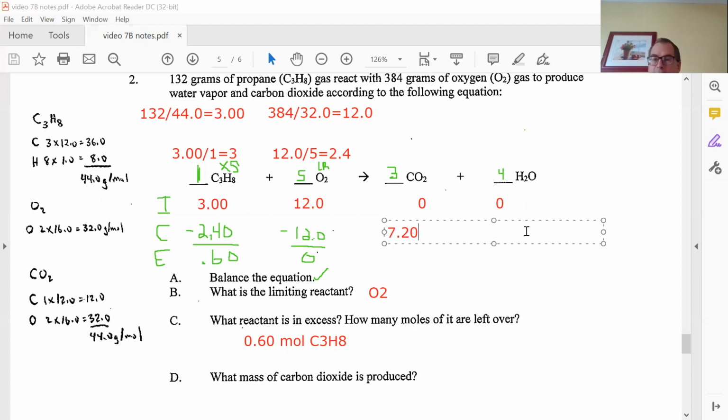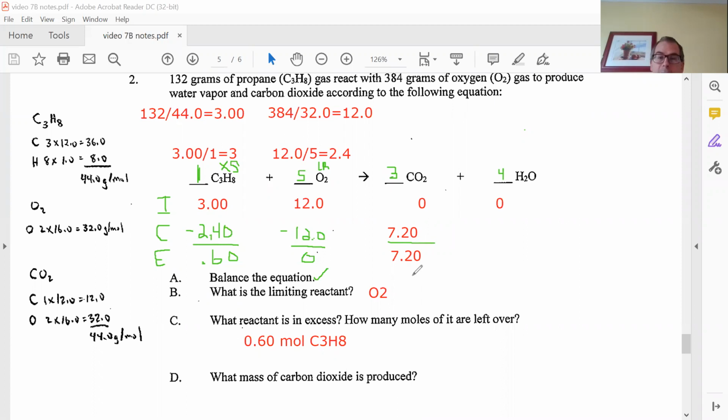Okay, you don't have to do this one over here, but if I did, I would be 12 times 4/5, and I think it ends up being like 9.60 moles of water. Well, if I add those two up, 0 plus 7.20, it's going to be 7.20, because we will always assume there's no product at the beginning.